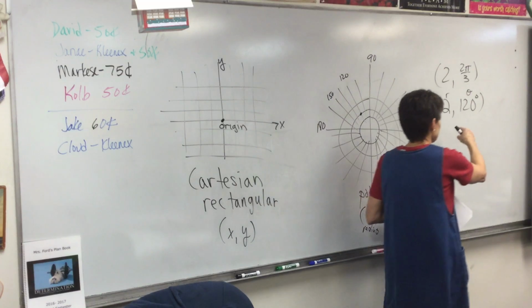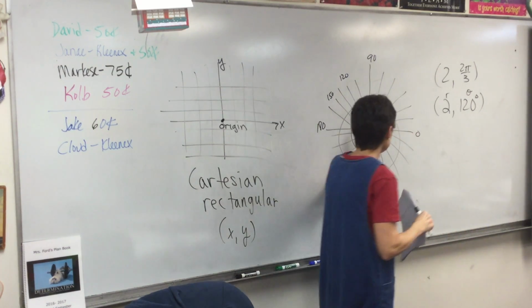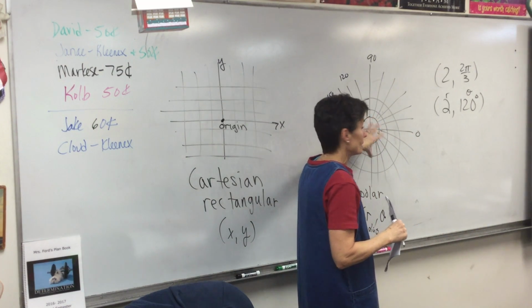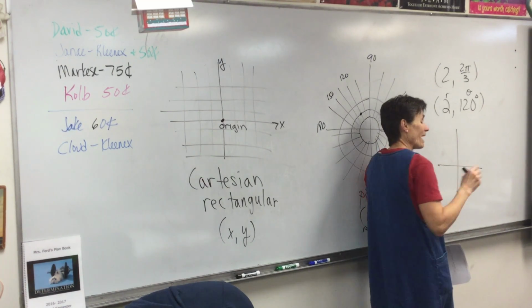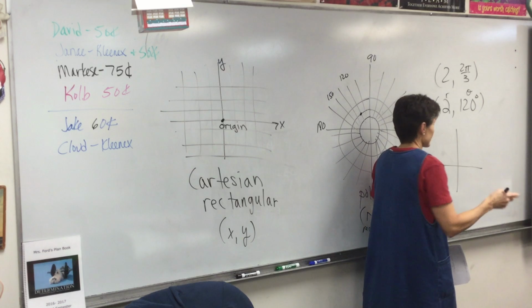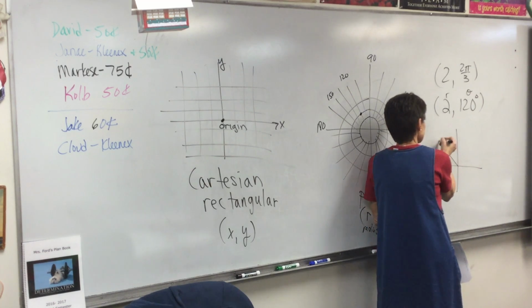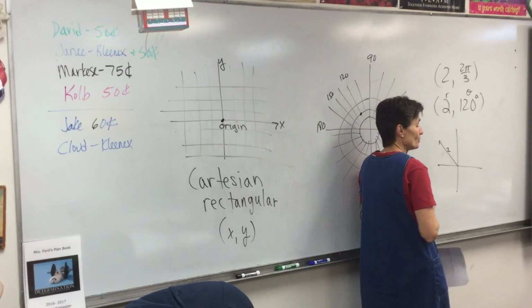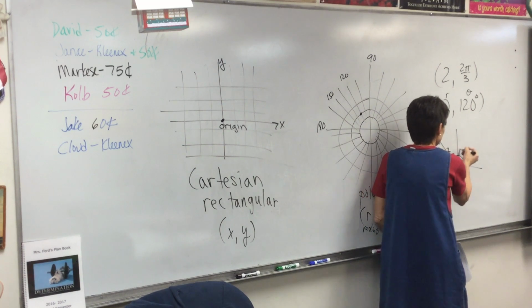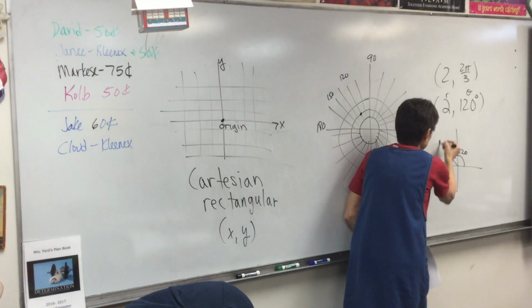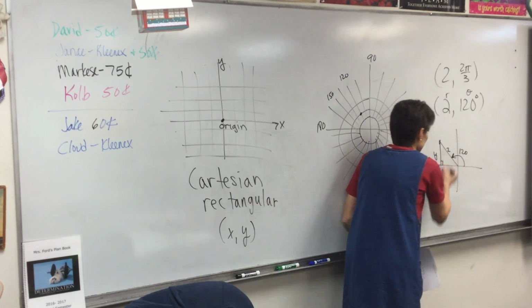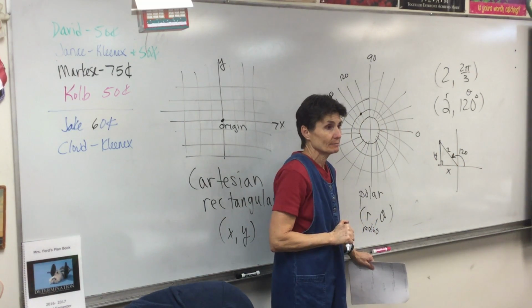Because if I take this point off of the circular grid and graph it like it was on your quest, it had a radius of 2, a magnitude of 2, and an angle of 120. Your job is to find the x and the y.